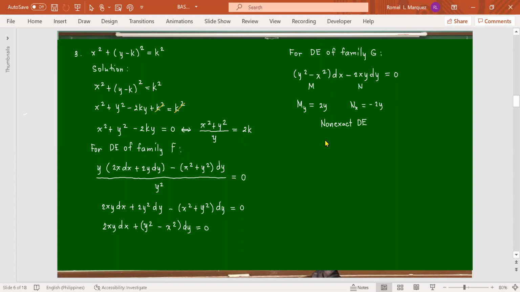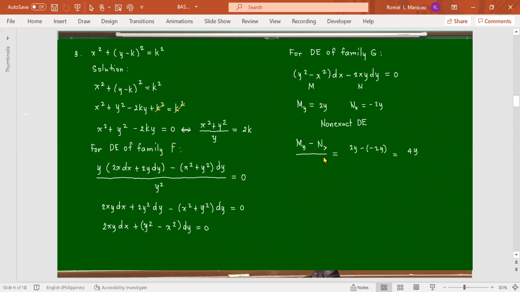Let's see if there is an integrating factor that is a function of either x alone or y alone. So we get the difference between these two partial derivatives, and this is equal to 2y minus negative 2y, which is 4y.